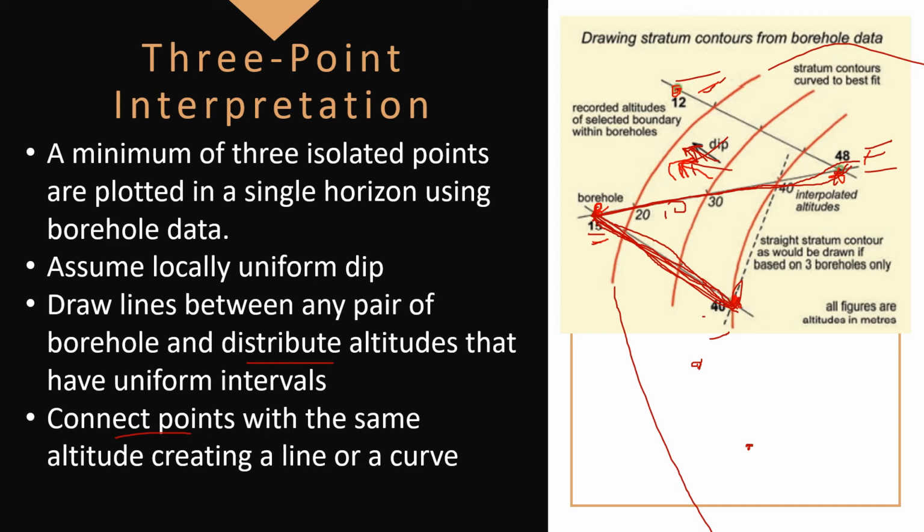As we can see here, it only created a straight line because there are only 3 boreholes. So if we have more than 4 boreholes, therefore we can draw curves.